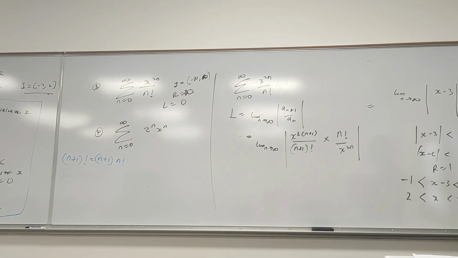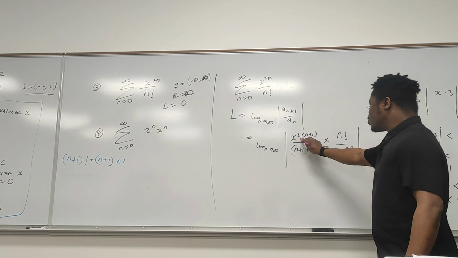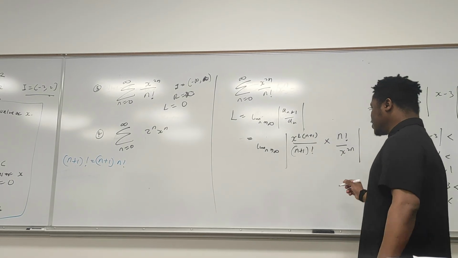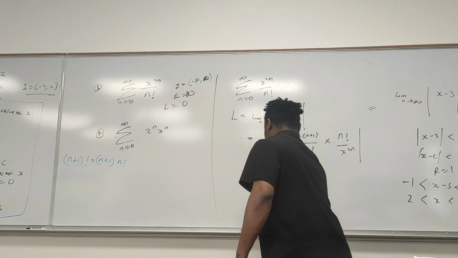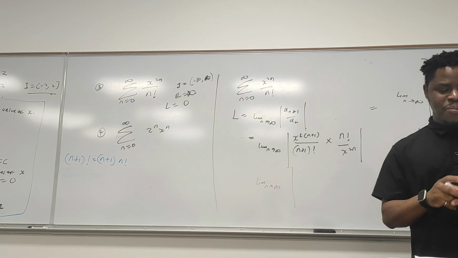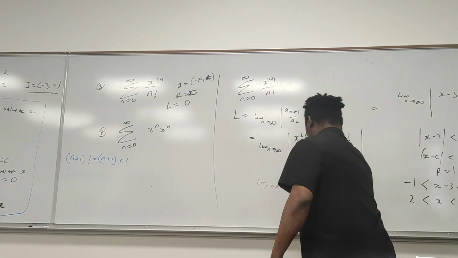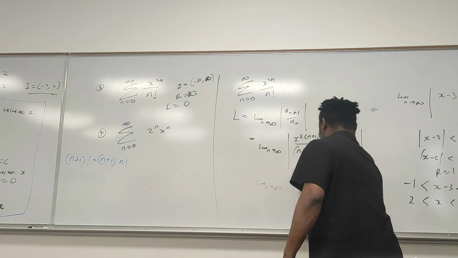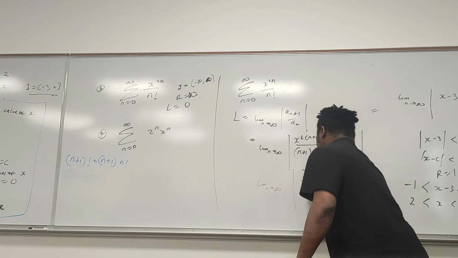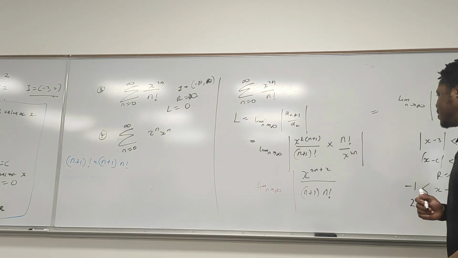Here is where it gets interesting. These two have to multiply. Do you agree with me? So this becomes the limit as n goes to infinity of x^(2n+2), and this one becomes (n+1) multiplied by n factorial, because that's what (n+1) factorial is.